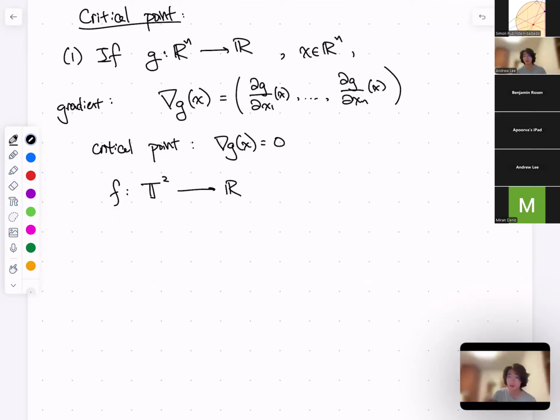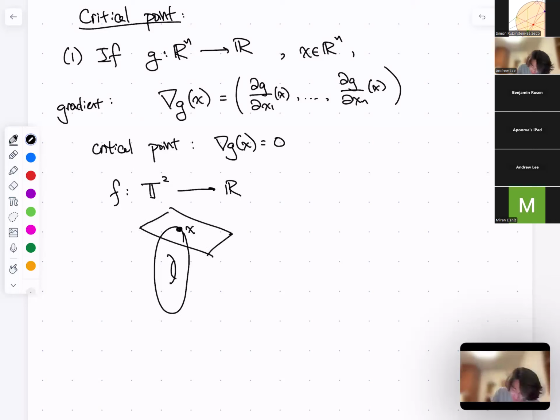And yes, it's defined on the full space, but I want to consider it only restricted to the torus. So what I do is, if I look at a point here, let's call this point x, I can look at its tangent space, which you can think of as the plane which most well approximates the torus at that point.